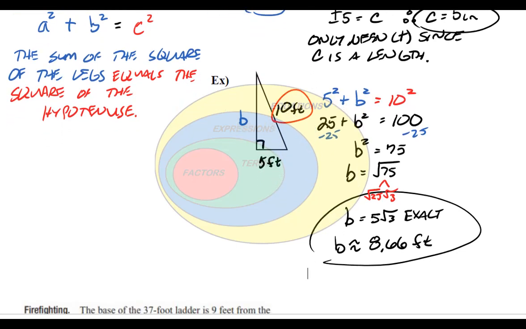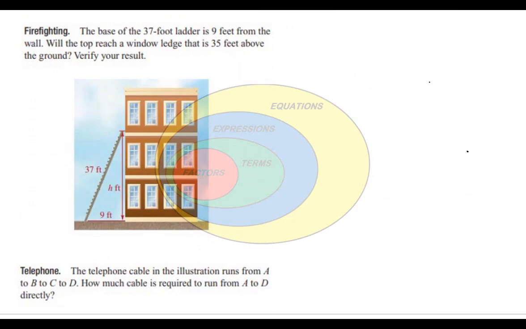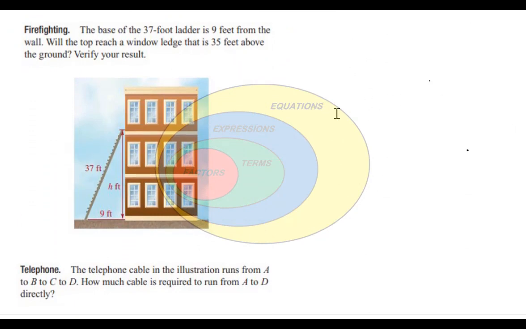In applications dealing with the Pythagorean theorem, we just have to notice a right triangle in the application. This one is talking about a 37-foot ladder that's 9 feet from the wall, and it wants to know whether the top will reach a window ledge that's 35 feet above ground. We see the right triangle here, and I'll outline it.